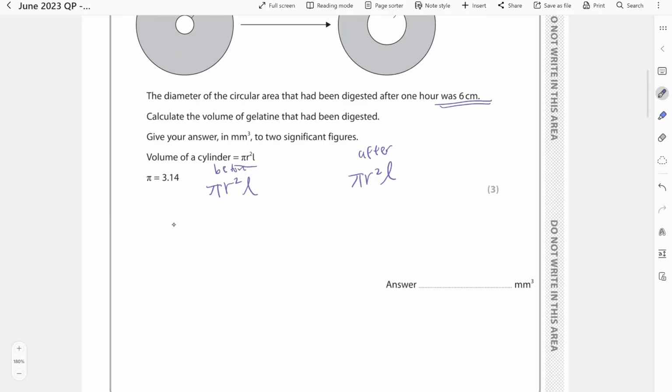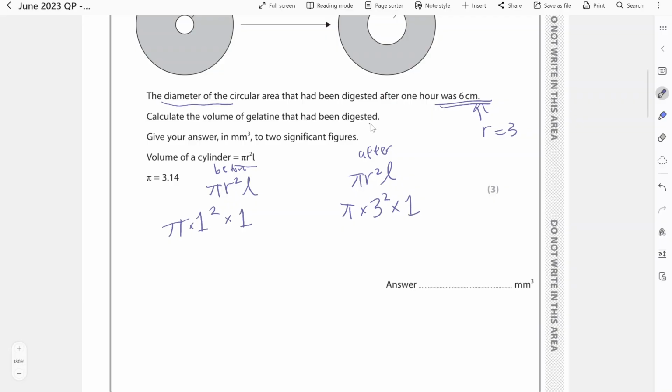So that means before would be pi times 1 to the power of 2 times 1. And then after would be pi times, the final diameter was 6 centimeters, which means the radius was 3. So 3 squared times 1 as well.